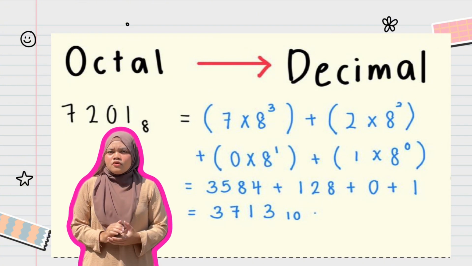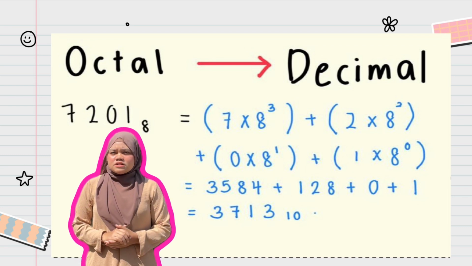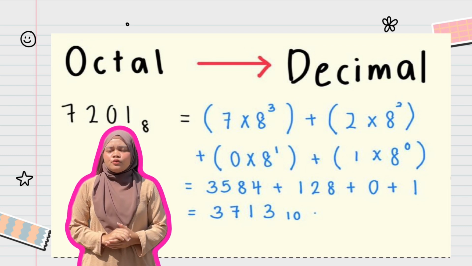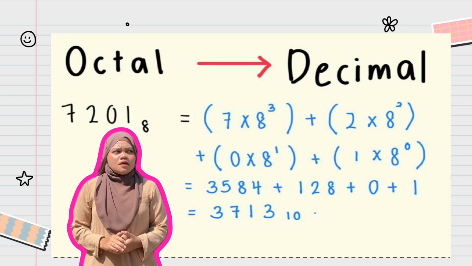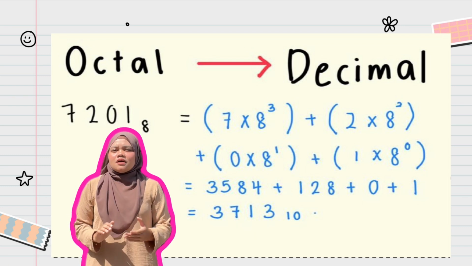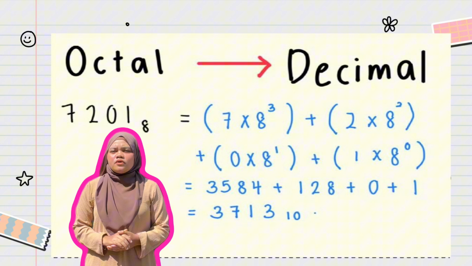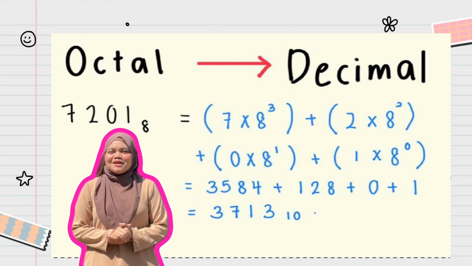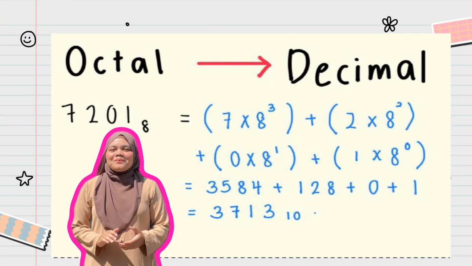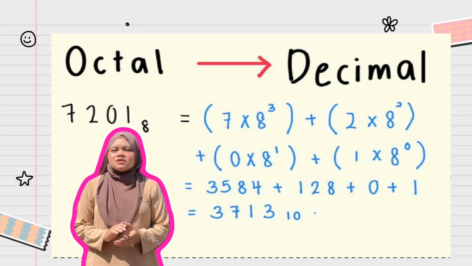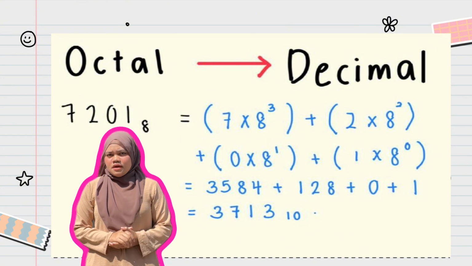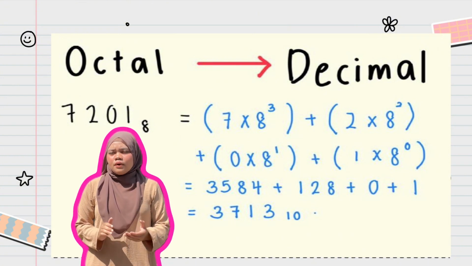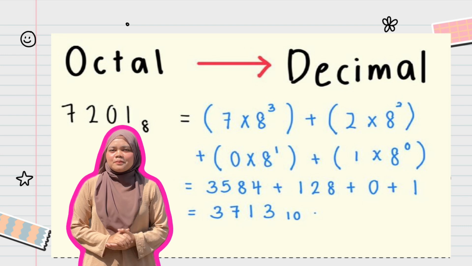Okay, first, 7 times 512 equals 3584. And second, 2 times 64, we get 128. And third, 0 times 8, we get 0. And 1 times 1, we get 1.